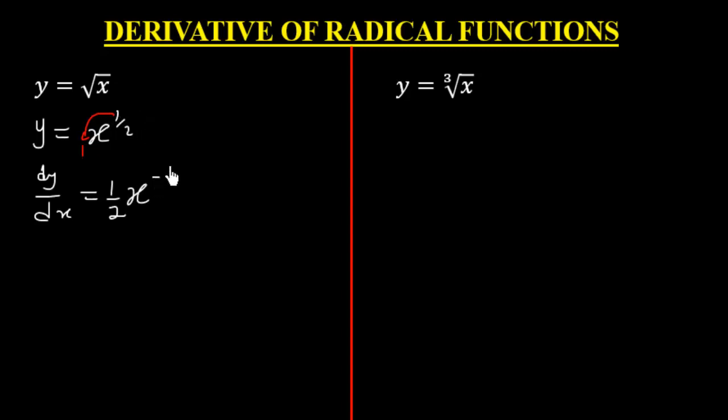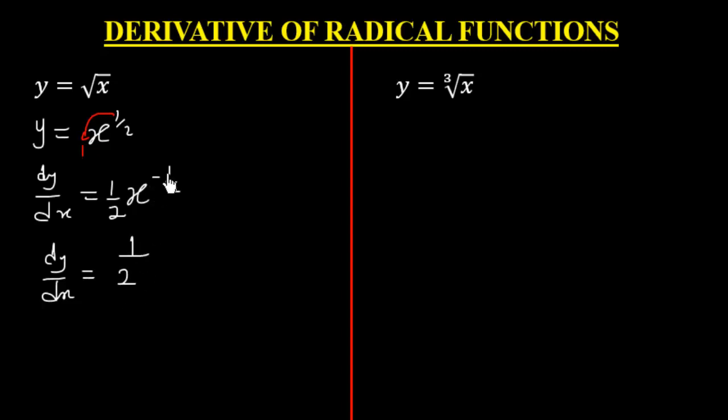is negative half. Good. Now, from our previous lesson, we learned how the exponent of a variable changes when we move from top to bottom and bottom to top. So in this case, dy/dx is going to give us half x to the power negative half.